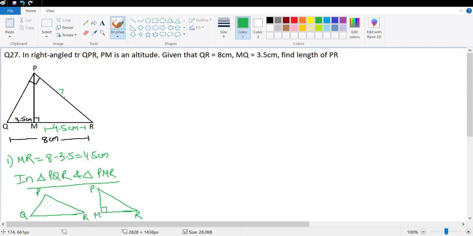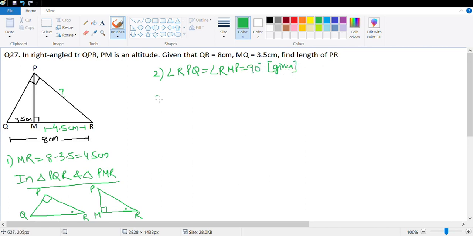So angle P here is 90 degree, angle M here is 90 degree, and I can notice that angle R and angle R are common. So we've got our answer. AA test, these two triangles should be similar. So angle RPQ is equal to angle RMP is equal to 90 degree. This is given.